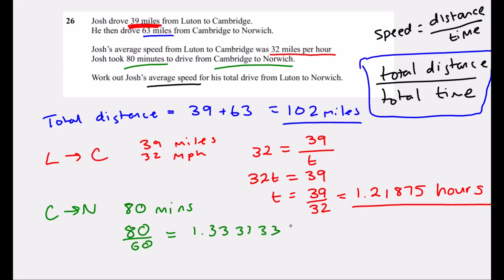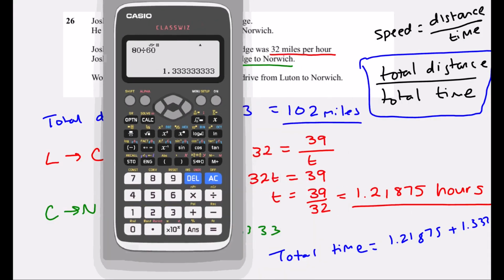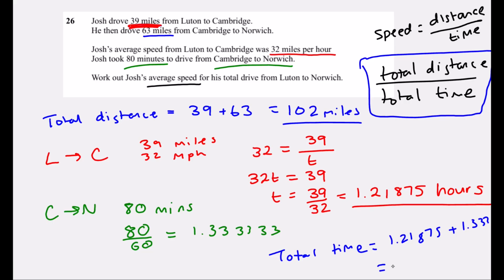So the total time is going to be these two added together. So 1.21875 plus 1.33333 and so on. So I've got this one in the calculator already. So I'll do plus 1.21875. That's our total time of 2.552 and so on. 2.552 hours.